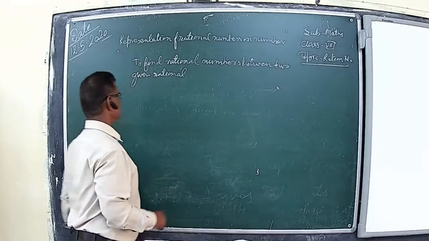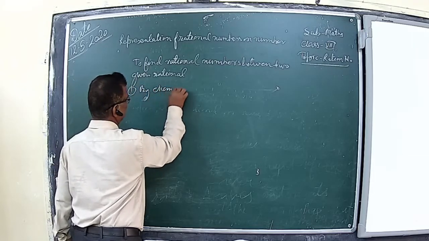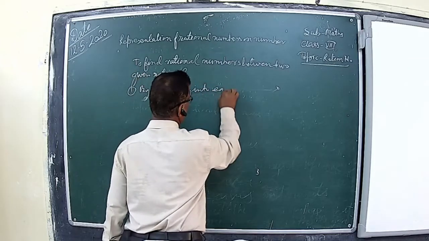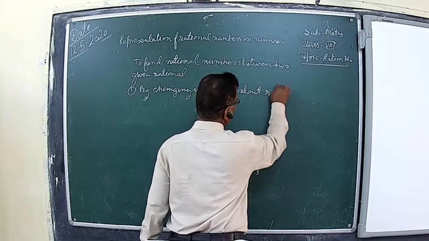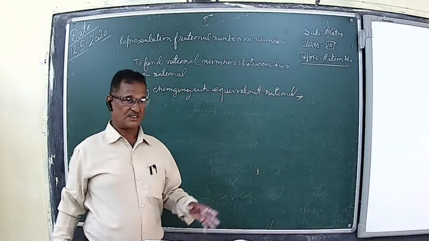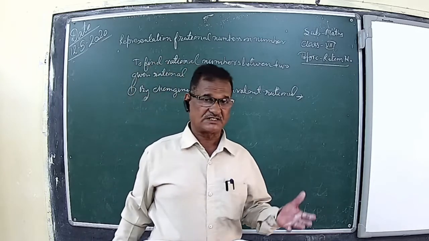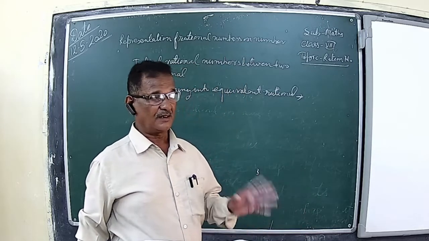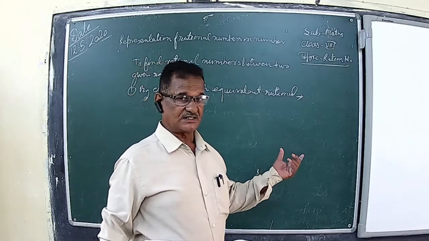Then find the integer between the two obtained numerators.